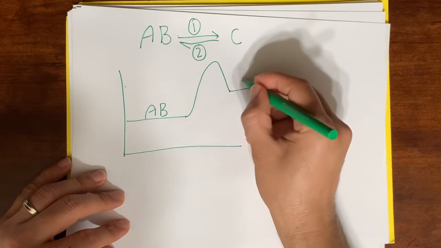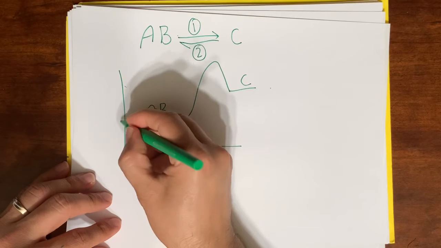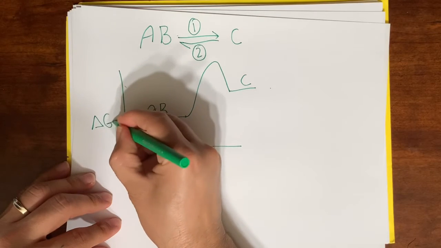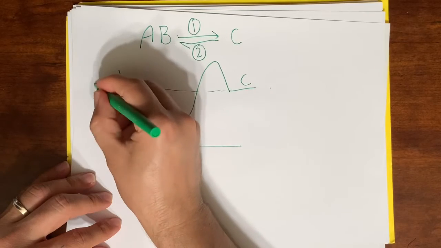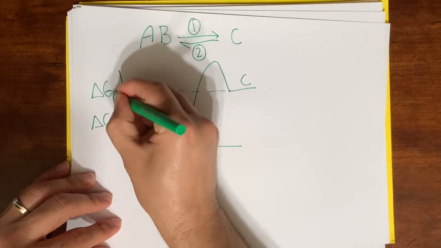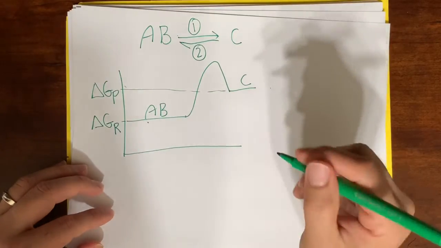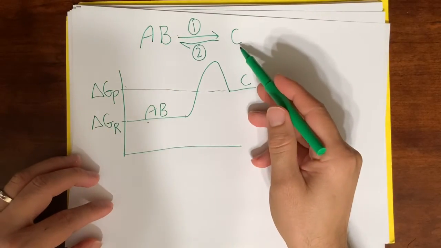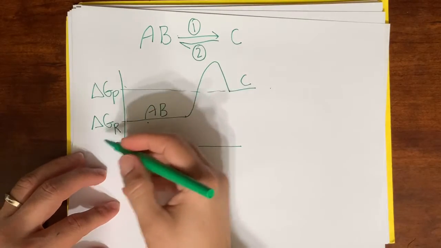Let's say here we get C. This is going to be the delta G of the reactant, and that one is going to be the delta G of the product, or C. Because this is equilibrium, you can also have a reverse reaction.